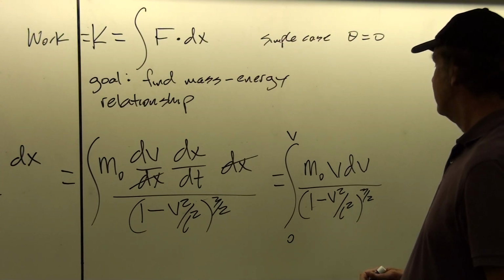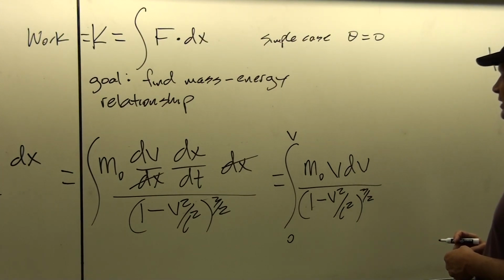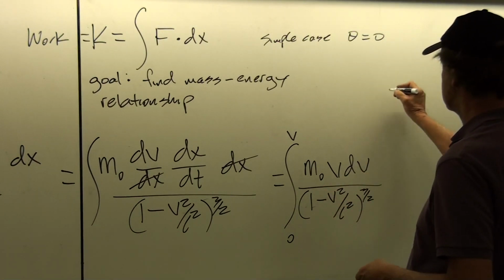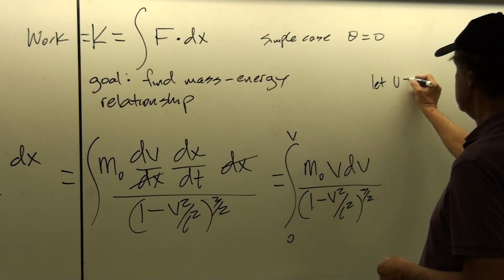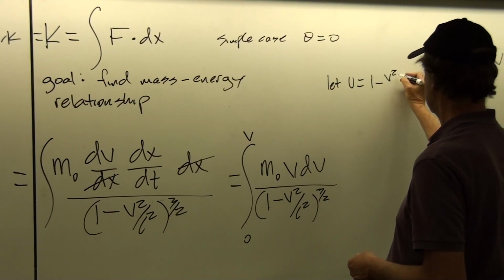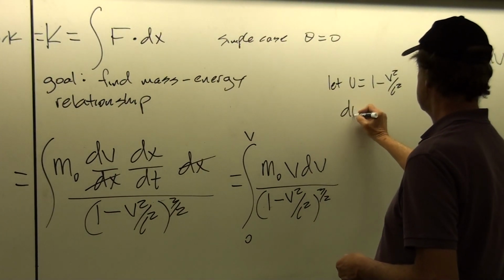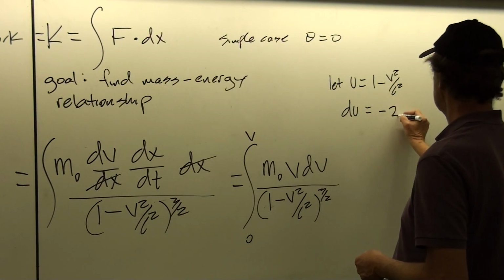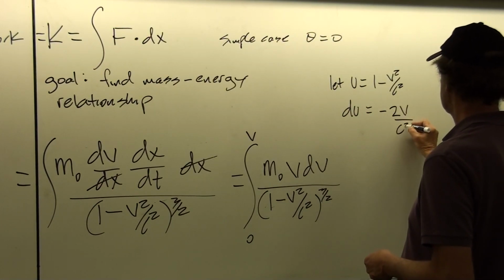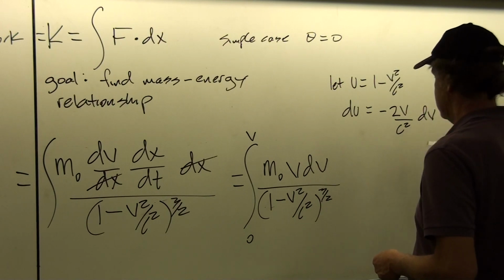Okay, so once we've reached this point, we can now use a u-du substitution. We can let u equal 1 minus v squared over c squared. So du then is just minus 2v over c squared dv.